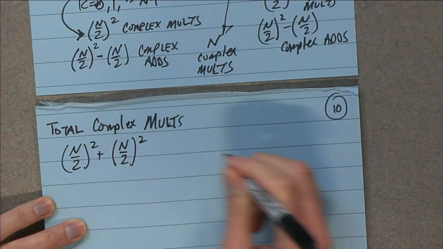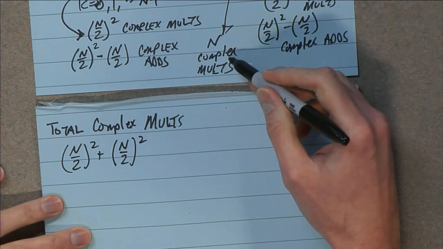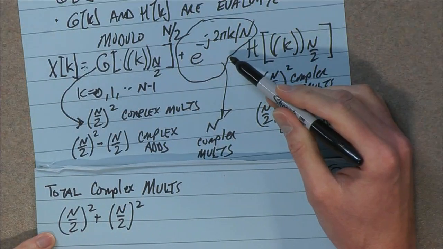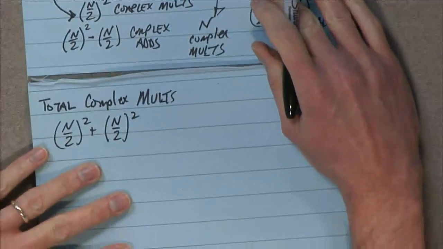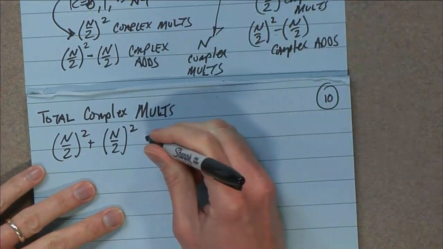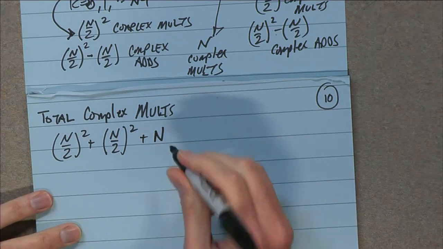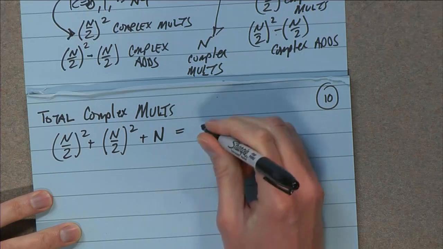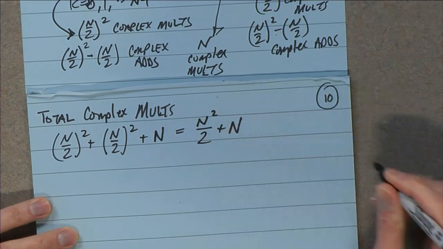Another n over 2 squared. Then I've got my n complex mults for this glue factor that glues these two DFTs back together, so we have to add that on. And so what is that going to leave us with? N squared over 4 plus n squared over 4 is n squared over 2 plus n.